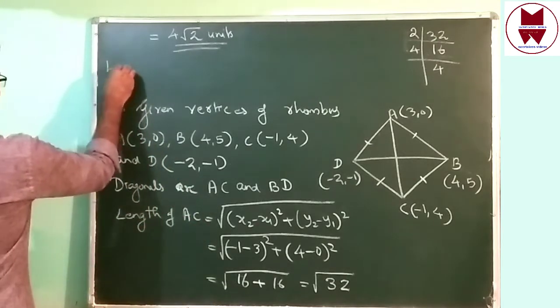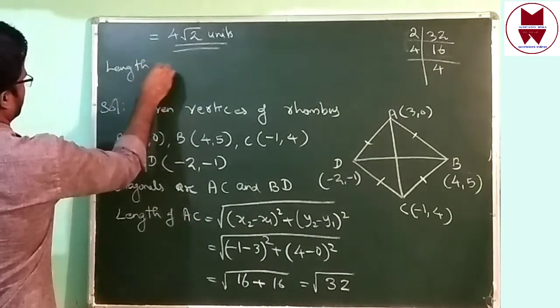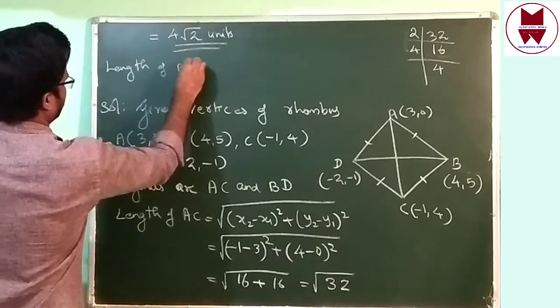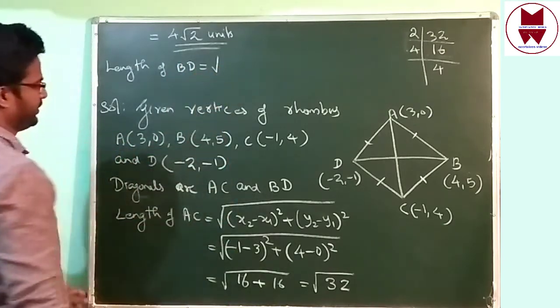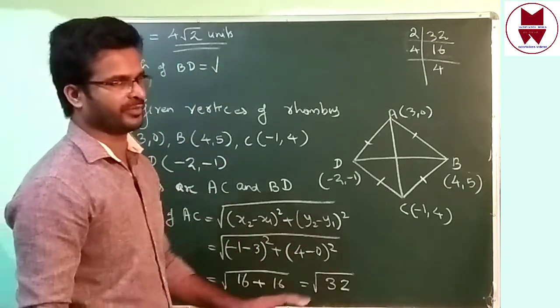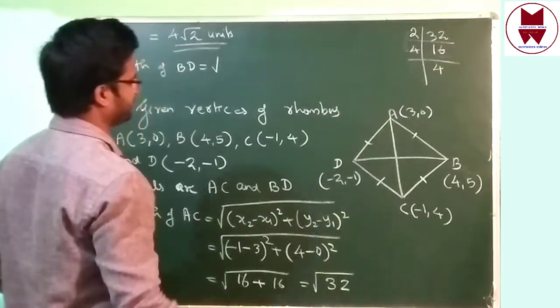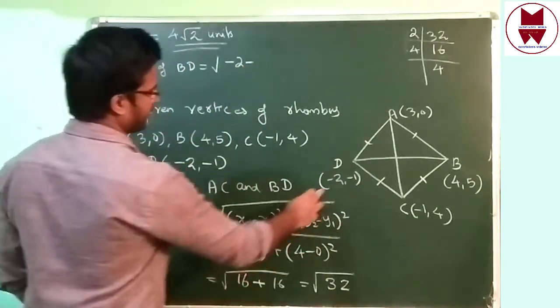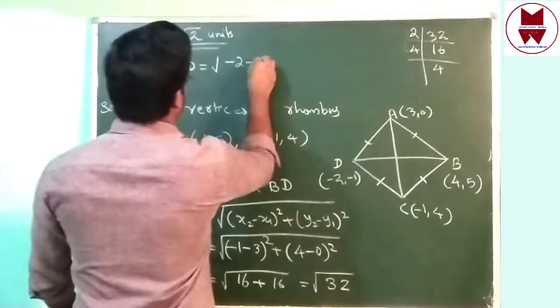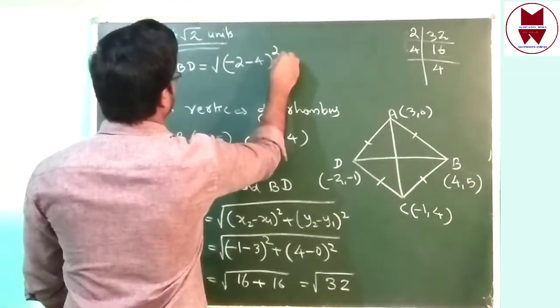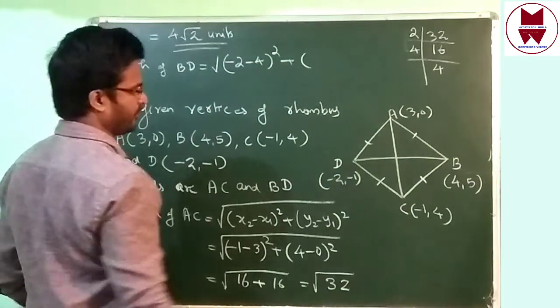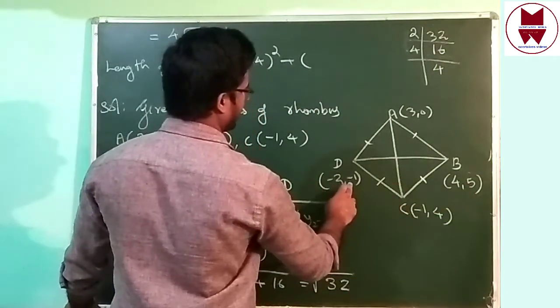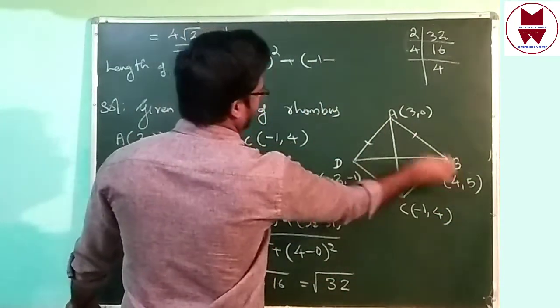Then length of BD equals square root of, the same distance formula we can use for BD. x2 is minus 2, x1 is 4. Plus y2 minus y1, that is minus 1 minus 5.